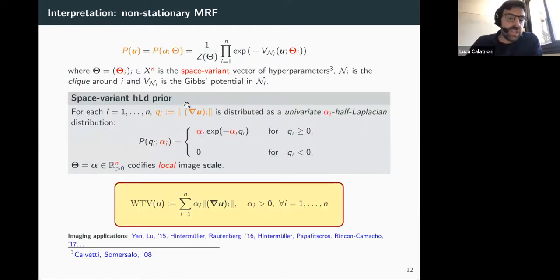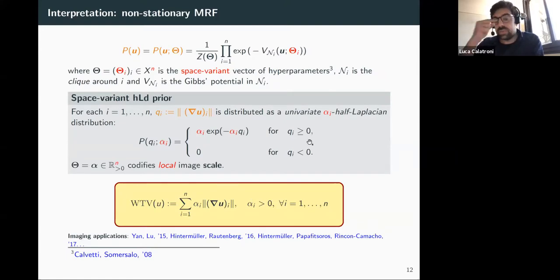So the idea is actually pretty straightforward if we want. The idea is to start again from the basic statistical assumption that we had on gradient magnitudes, which ended up in TV, and assume instead that my gradient magnitude is locally distributed as a half Laplacian distribution, and the local parameter is alpha I. So it depends on the pixel I. Hence the set of hyperparameters has the same dimension as my image.